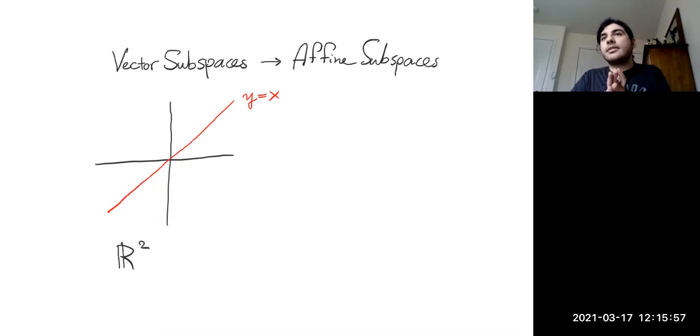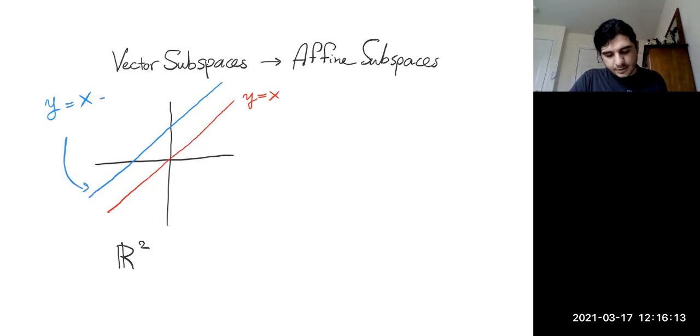This red line is a vector subspace. It has the origin, right? It's closed under scalar multiplication and addition. Now think about this blue line here, specified by y is equal to x plus 1. This is not a vector subspace anymore because it does not have 0.